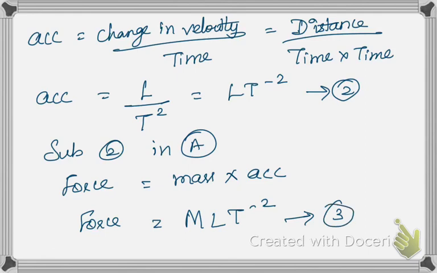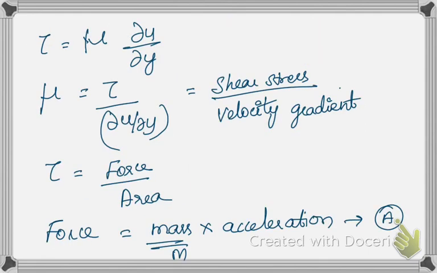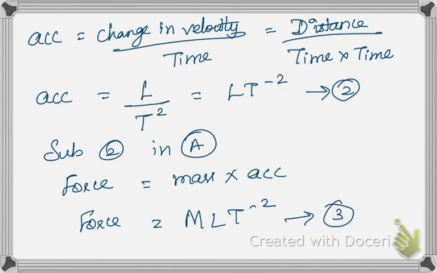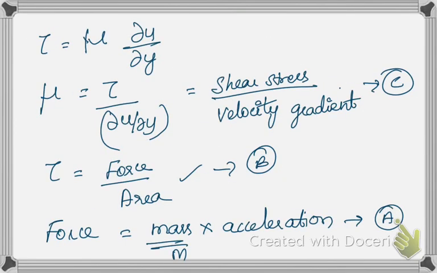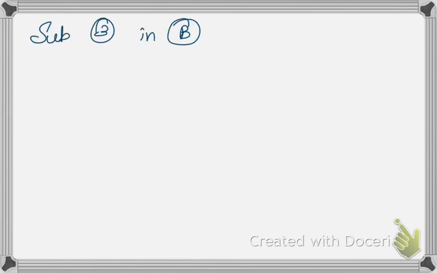Let this be 3. Okay, now if you go here, shear stress is nothing but force by area. So I'll keep this as B, and I'll keep this as C. Okay, so I can now substitute 3 in B. Instead of tau, substitute 3 in B. That is, tau is equal to force by area.